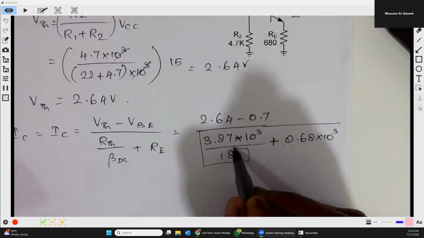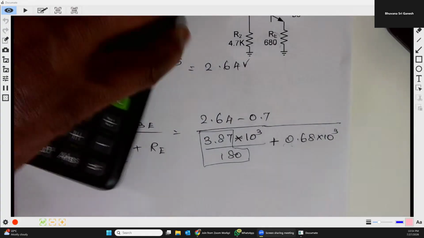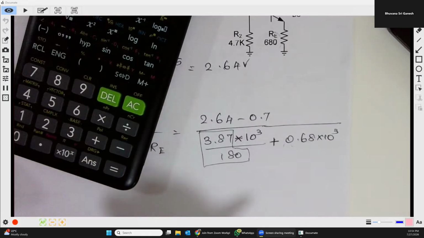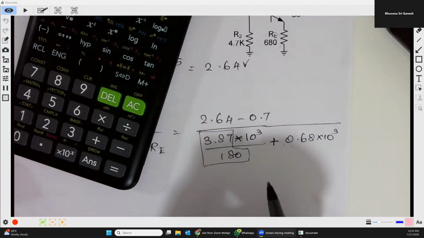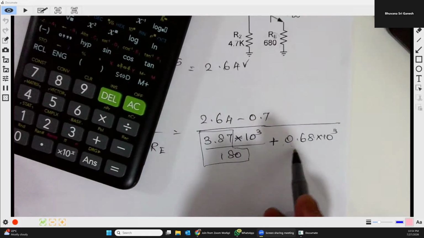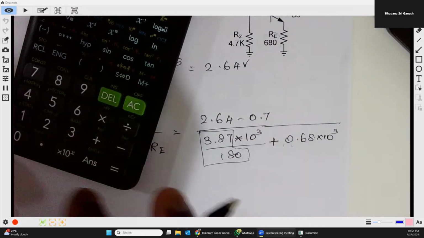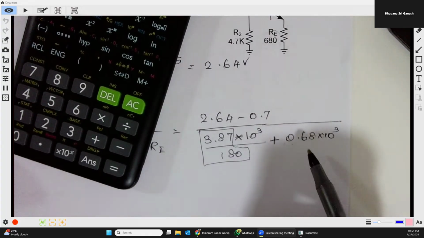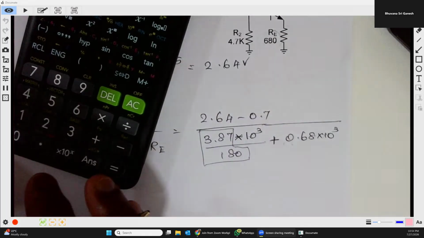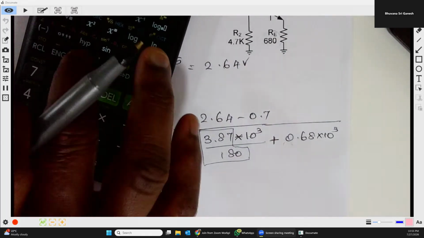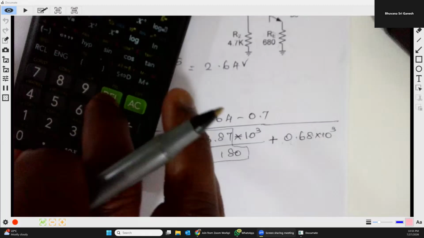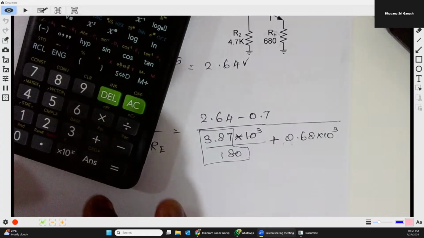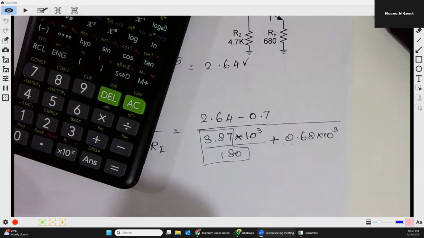So in the calculator, punch in 3.87 over 180, equals 0.02, plus this one 0.68. This is your denominator, 0.70 times 10 power 3. So 2.64 minus 0.7 divided by answer equals 2.76.